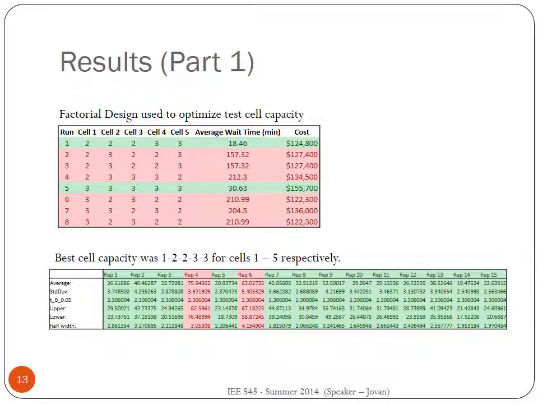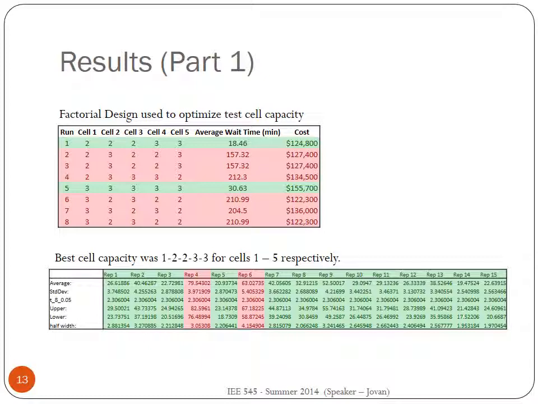Based on the slopes from the factorial design, we decided to improve the cost by lowering cell 1, which, based on the factors of each of the cells, was actually the least significant factor in the model. So we could lower the number of units in cell 1 to minimize the cost and still be within our time limit of 1 hour.